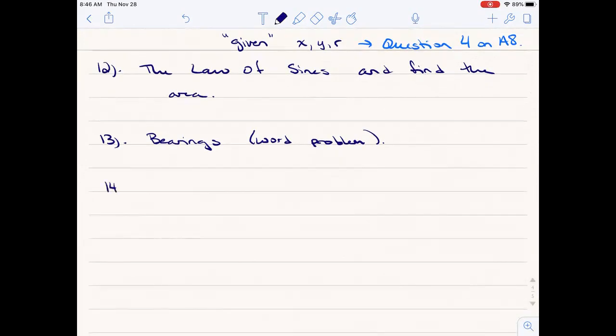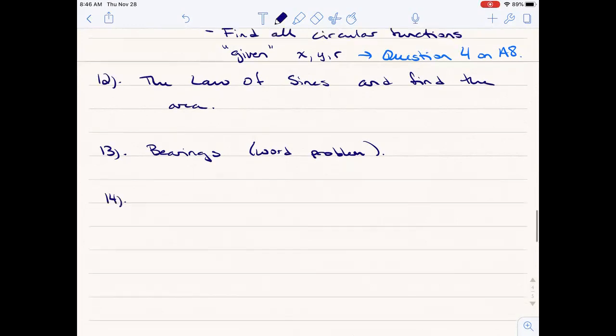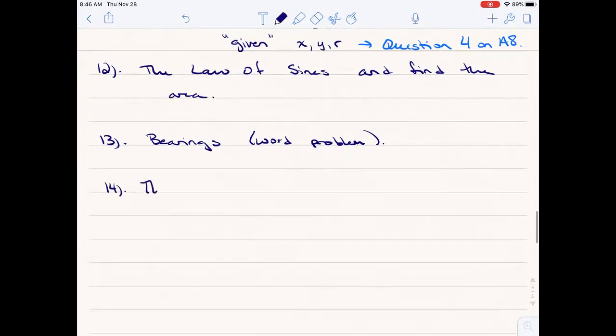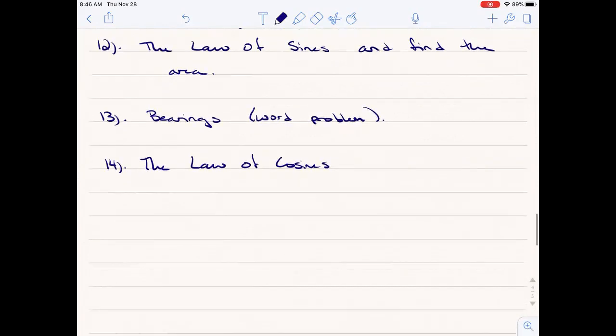And then the last question, which I'm tempted to just smush together with question 12, but it just depends, I'll get your opinion on it after, is just going to be the law of cosines, and find the area.